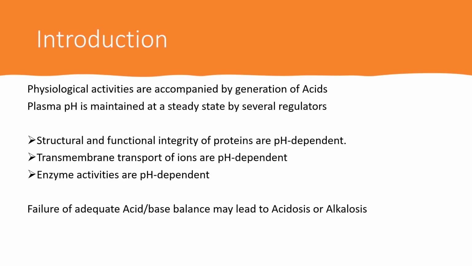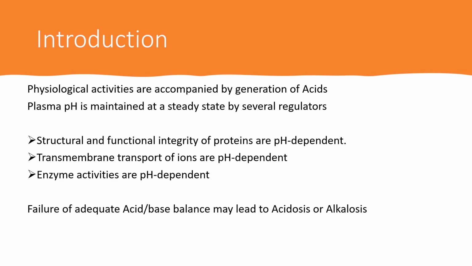Think about all the enzymes, all the hormones, all the transport proteins that work in the body; they are all pH dependent. And if anything goes wrong, such that the pH of the body is reduced or increased, all these structural and functional proteins will lose their functionality, and that might tip the person into a pathologic condition.